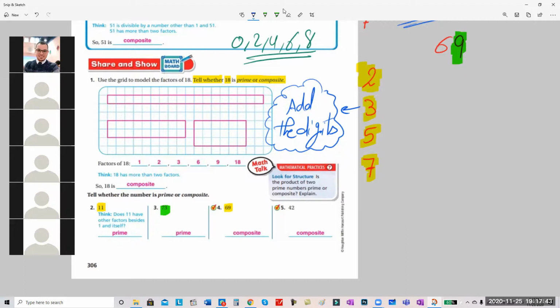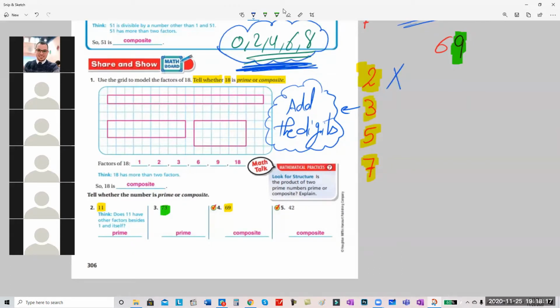The even digits are 0, 2, 4, 6, 8. So 9 here is odd, so we cannot divide it by 2.